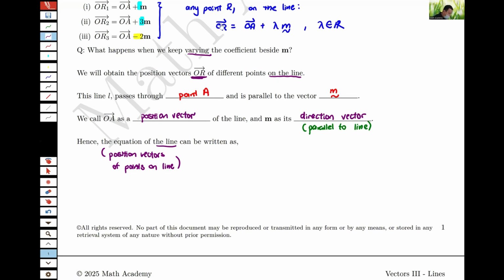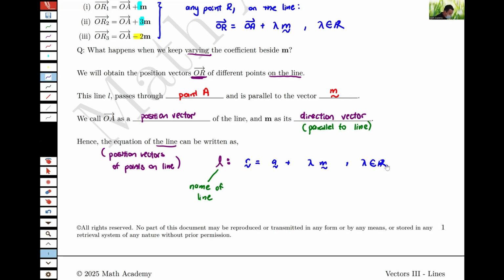Usually when we write a line, we first start with the name. L is the name of my line. On the left-hand side, instead of OR, we will say R equals, but R represents OR. It's the same thing. Then we can write A plus lambda M, lambda any real number, exactly the same as what I have above.